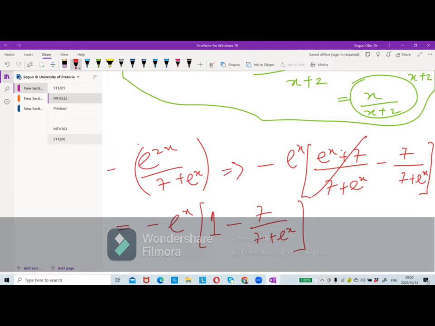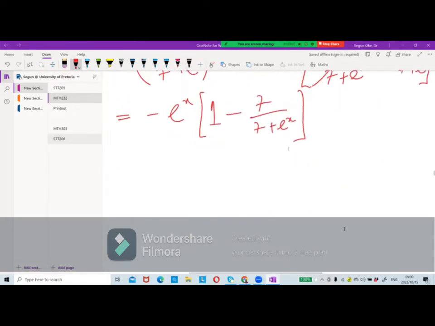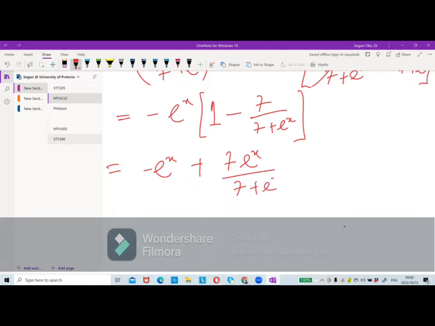Remember, I need to integrate now. I've not done the integration. So I can go ahead and open the brackets now. I can say minus exponential x multiplied by (1 plus 7 exponential x over 7 plus e^x).